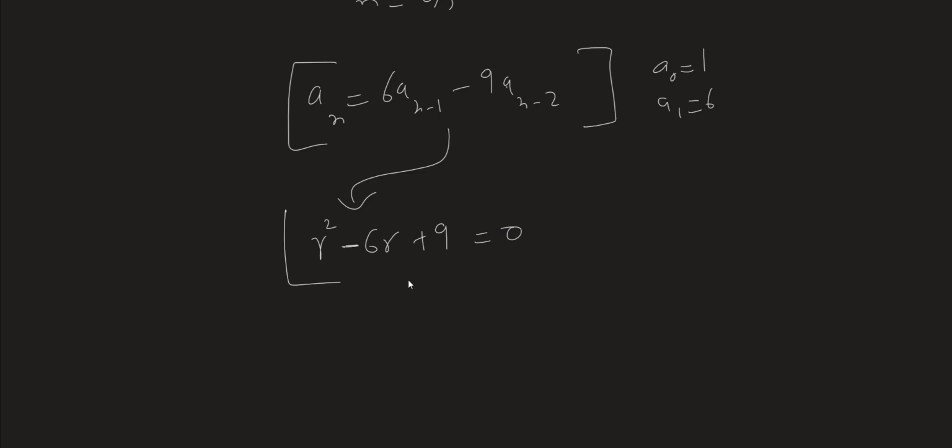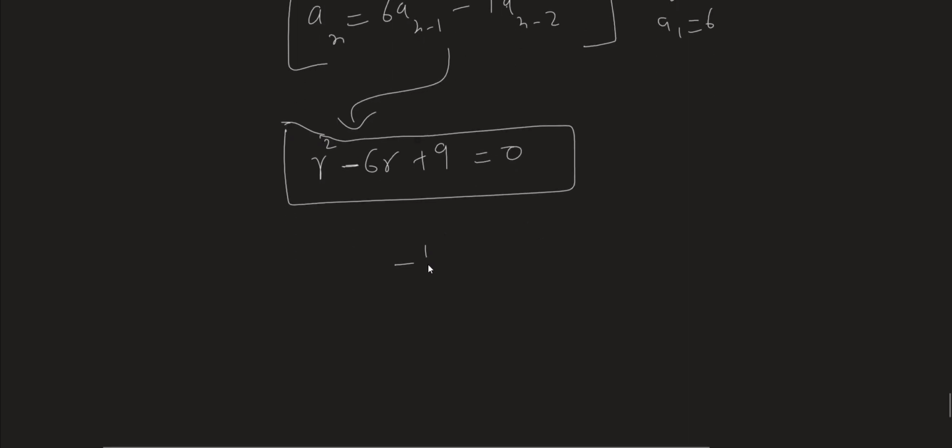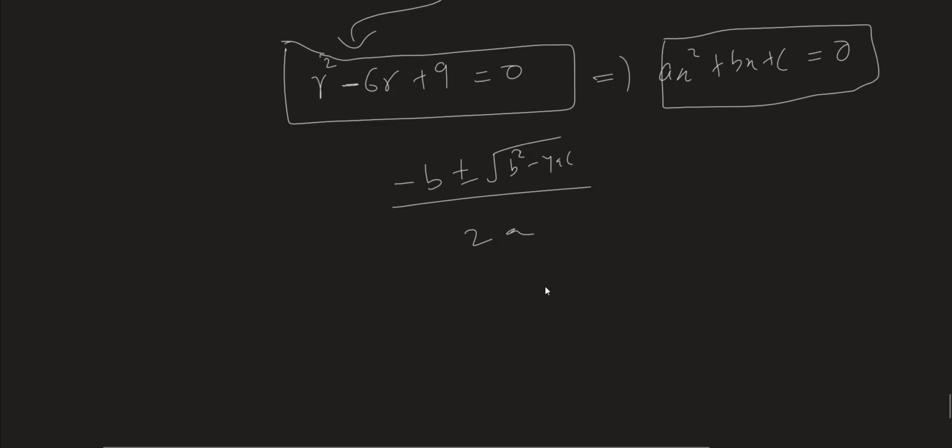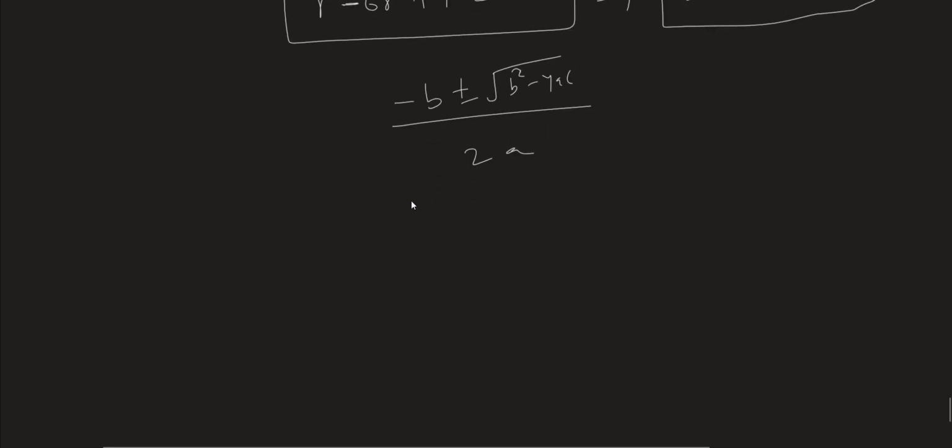Now we can clearly see that this is a quadratic equation, therefore by using minus b plus minus under root b square minus 4ac by 2a, since the format is of the form ax square plus bx plus c is equal to 0, the roots that we obtain in this case are two and both are similar, and therefore we'll call that r0.